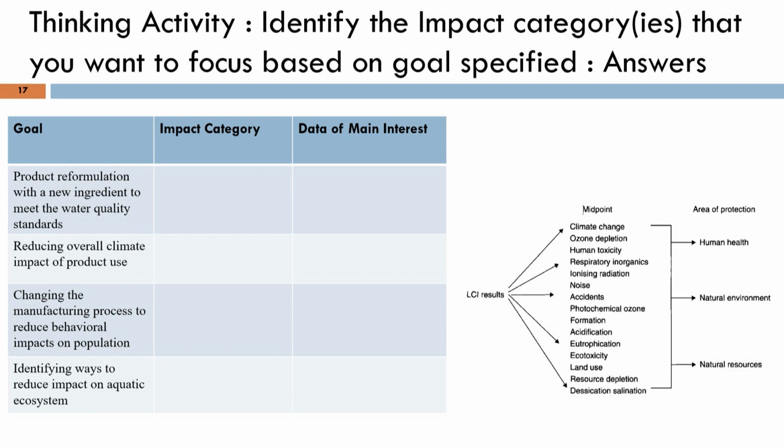So, let us go through the answers. The first LCA goal is product reformulation with a new ingredient to meet the water quality standards. Here you can see that the focus is on water quality standards. So, our impact category is definitely natural environment protection. In that case we are interested in acidification and eutrophication.